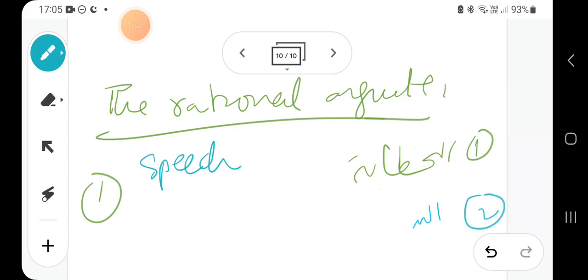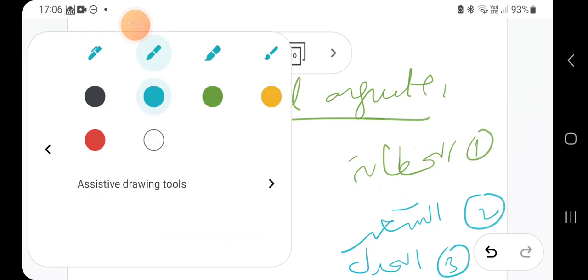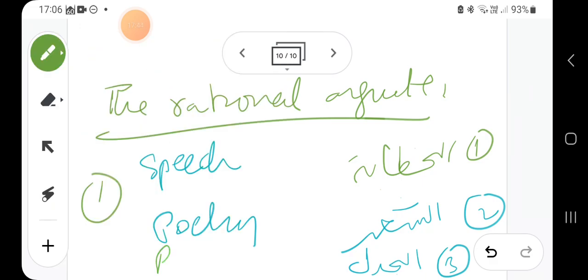Number 2, shir, poetry. Number 3, al-jadl, polemics or dialectics.